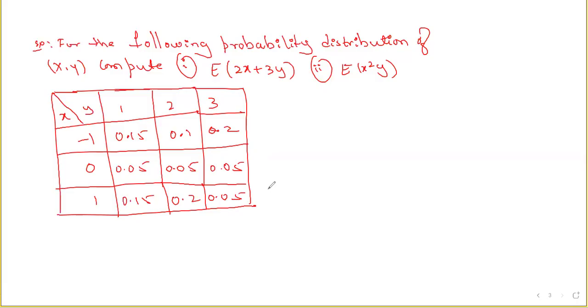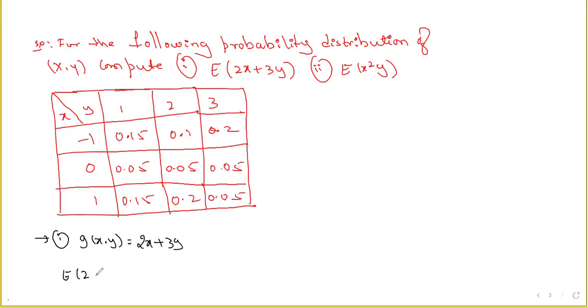Here our aim is to find the expected value of 2x plus 3y. In the first case, our g of x comma y is nothing but 2x plus 3y.